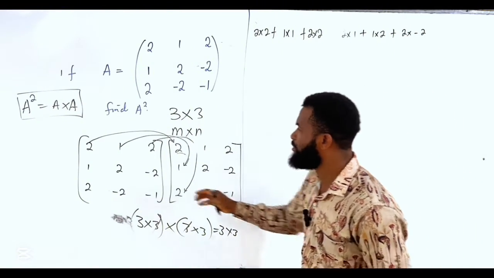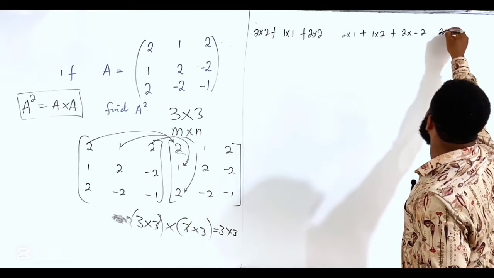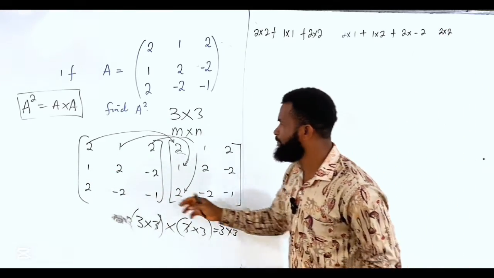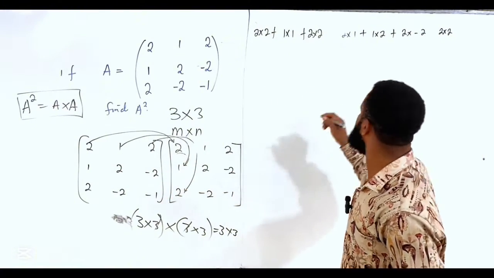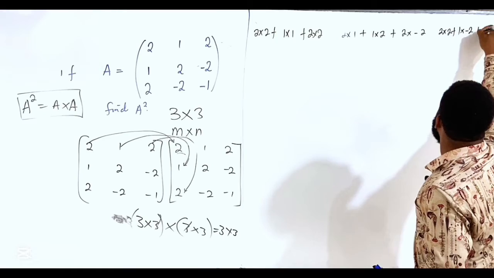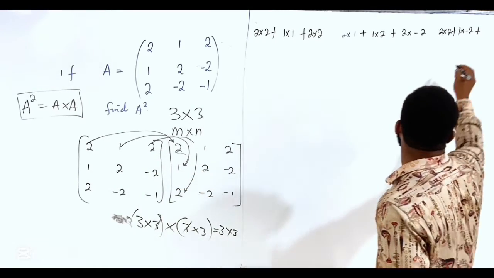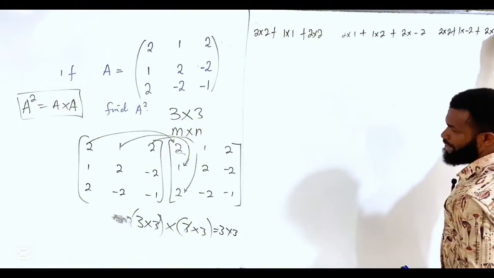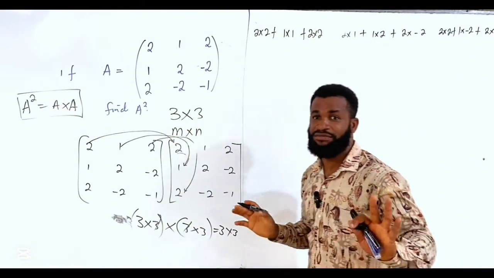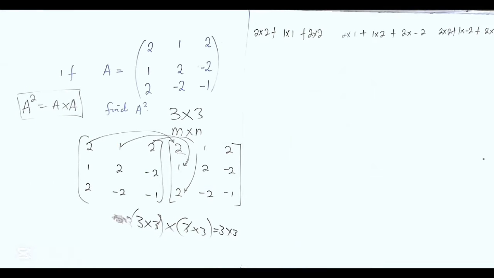Then the last is this same row, 2 times 2, then 1 times minus 2, plus 2 times minus 1. Okay, let me find out if everything is showing in the video before I continue.